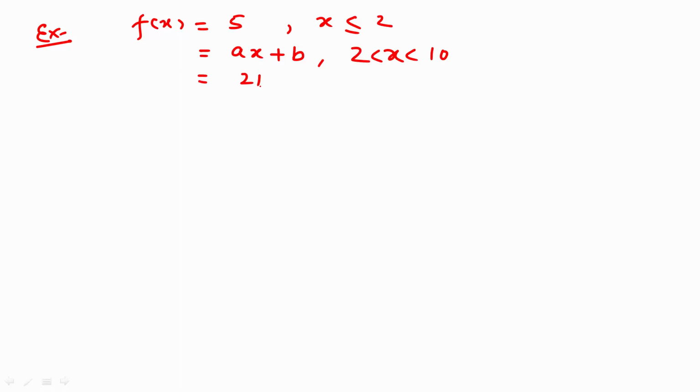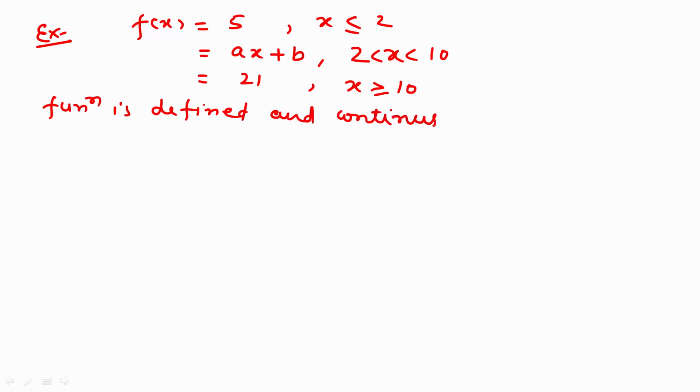It will be 21 if x is greater than or equal to 10. If the function is defined and continuous, then find a and b. We have to find the unknown numbers a and b.